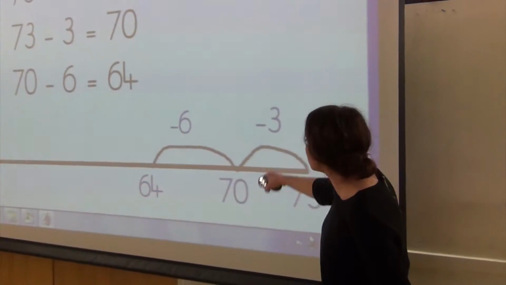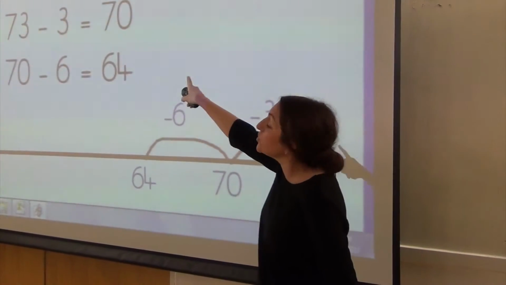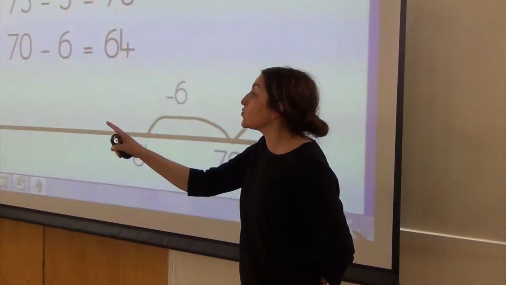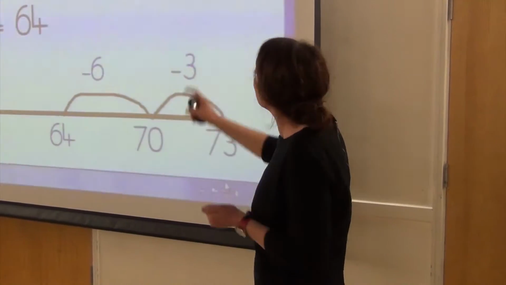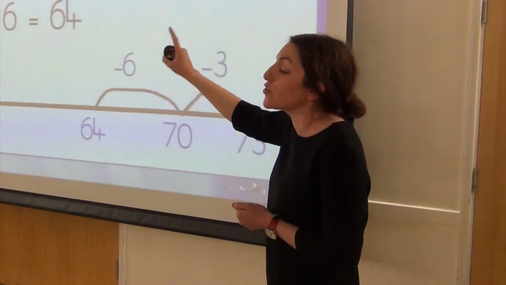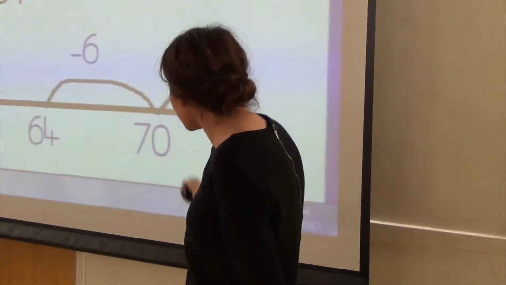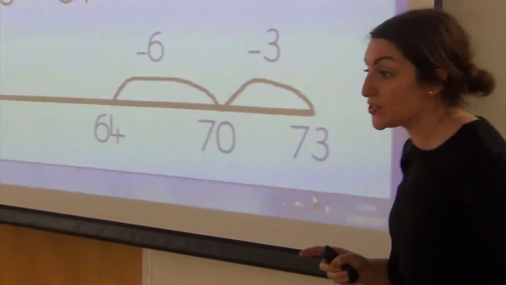So we say, okay, 73, take away 3, we get back to 70. And then we look at that single digit that we are subtracting, and this is where, with what Jade was saying, it's so important that they know these bonds, because if they are fluent with them, they'll be very quickly able to say, oh, 3 and something makes 9, and they'll know that it's 6, and then they can say, okay, now we need to do 70 take away 6, and then I get to 64.